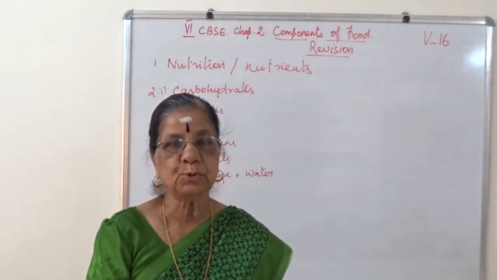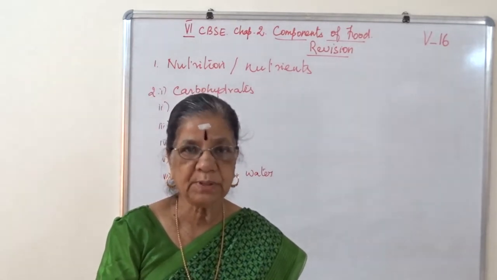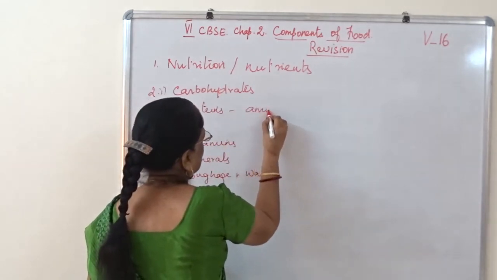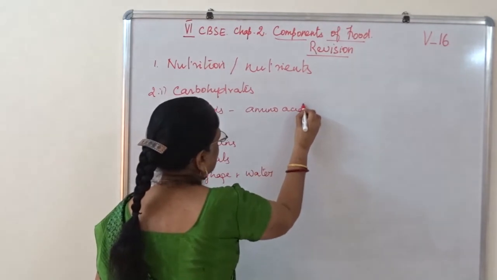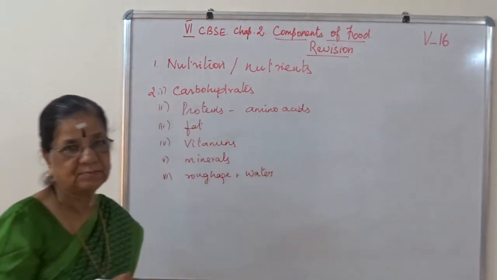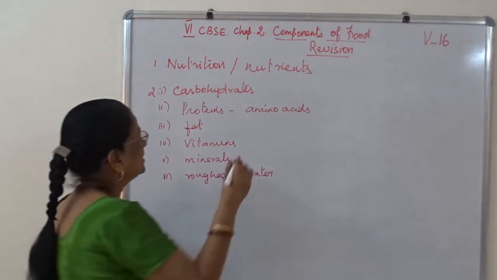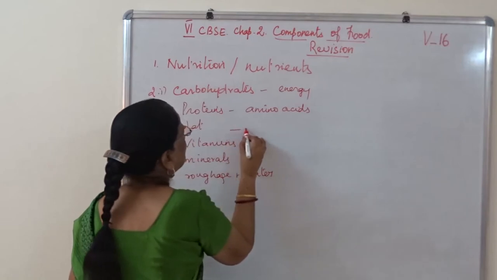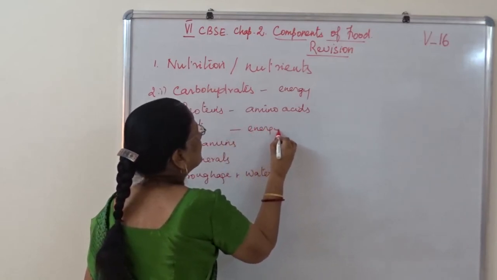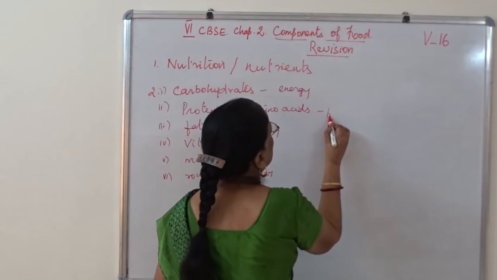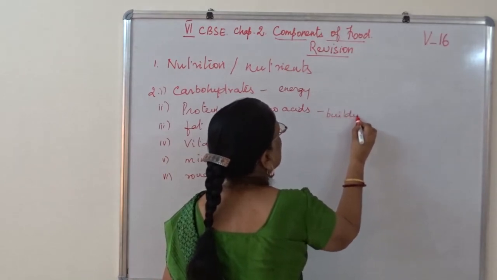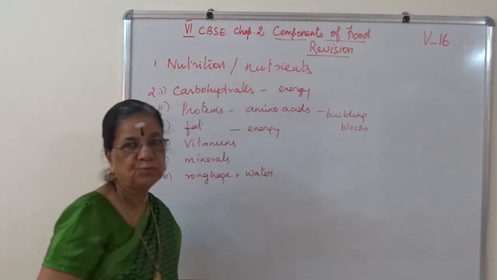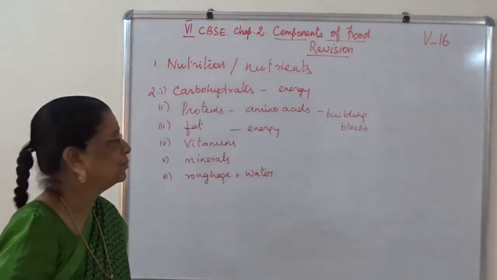Protein is a combination of different amino acids. Carbohydrate gives energy, fat gives energy. Protein is the building block, an addition of cells as building blocks.